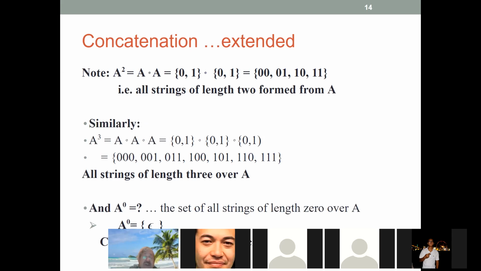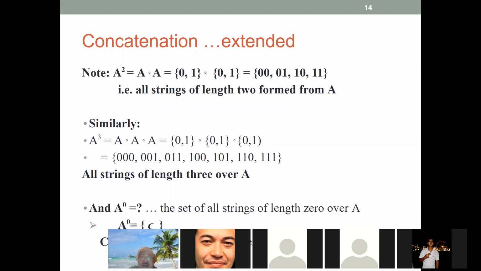Okay? A to the third power, that's A circle A circle A, which is 0, 1. You got it. And that's all strings of length 3, of which there are 2 to the third or 8 of them.